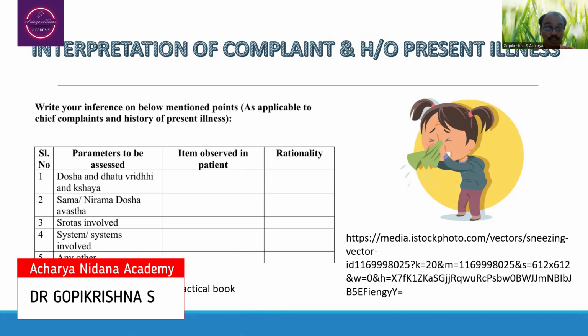So here the possible organ affliction in this occasion may be the respiratory passage. As far as throat afflicted, Pranavaha throat affliction can be predicted. As far as system afflicted, there may be a possibility of respiratory system affliction.